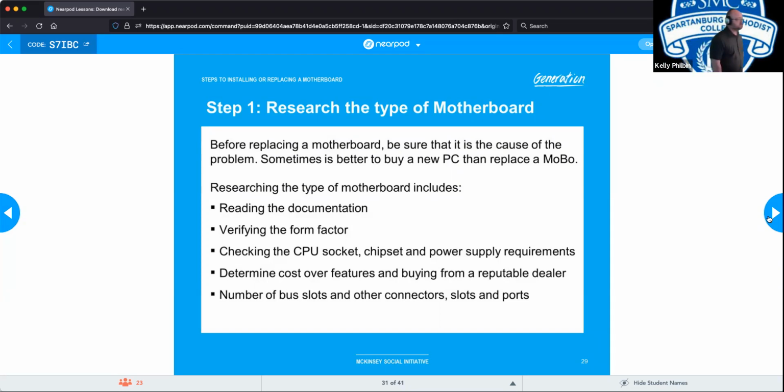So if you are going to be replacing a motherboard on your computer, the first step would be to research the type of motherboard you want and all the components that are going to go along with it. Justin, did you still have a question, or do you just still have your hand up? Gotcha. All right. So do your research, look into the motherboards.